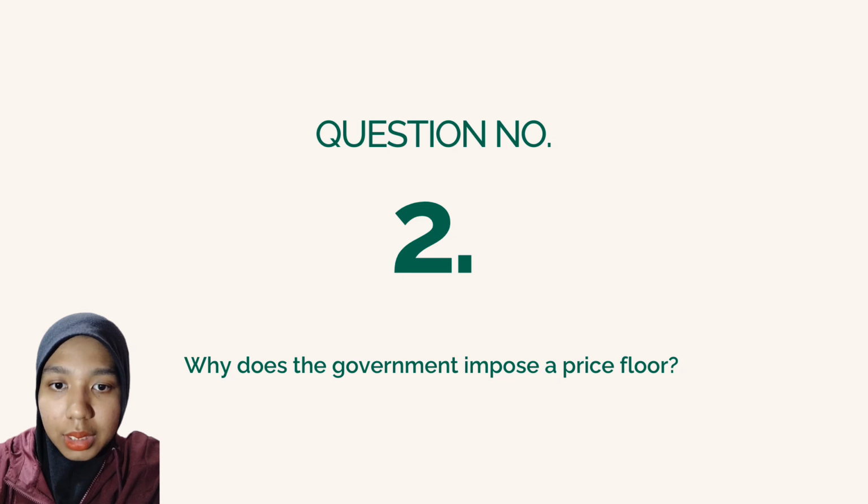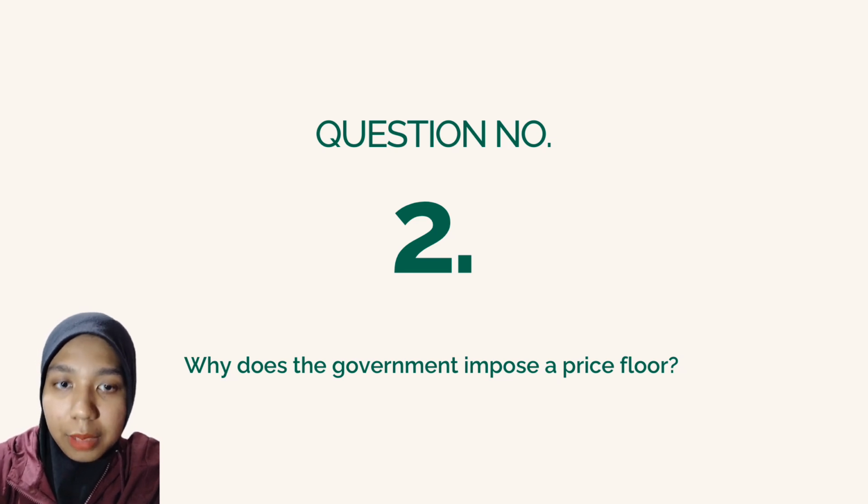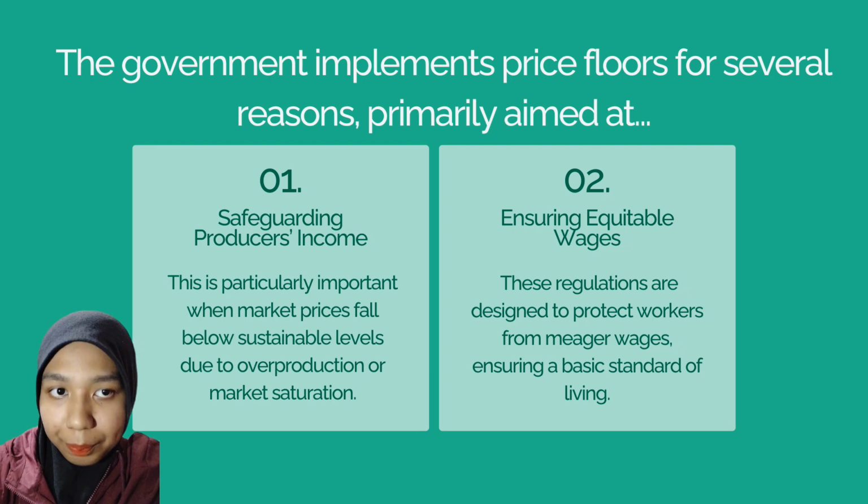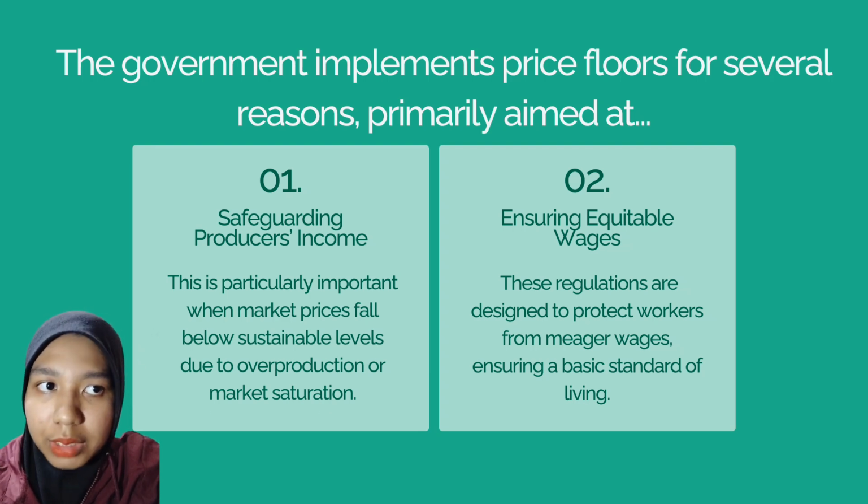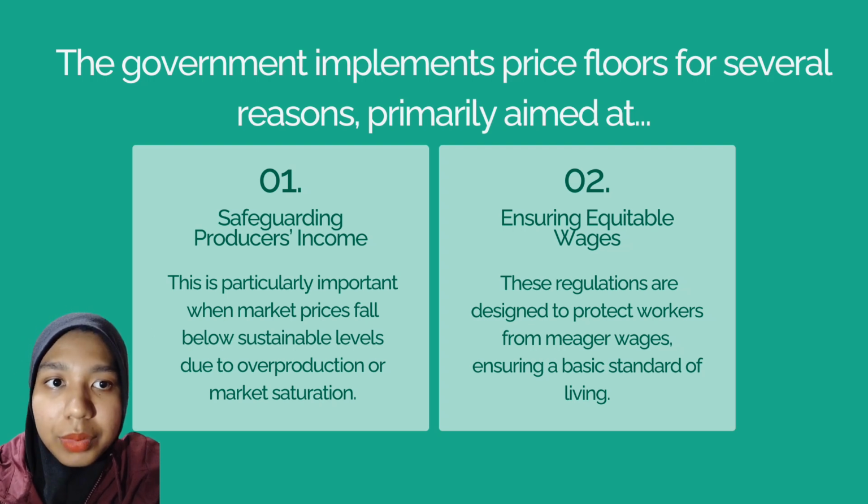I will explain the question of why the government imposes a price floor. The government implements a price floor for several reasons, primarily aiming at safeguarding production, ensuring equitable wage, social justice and equity, and economic stability. Firstly, is safeguarding production.